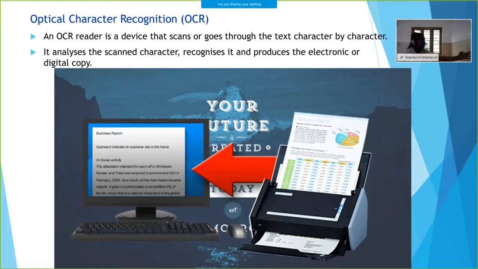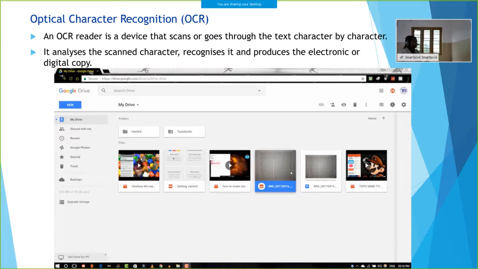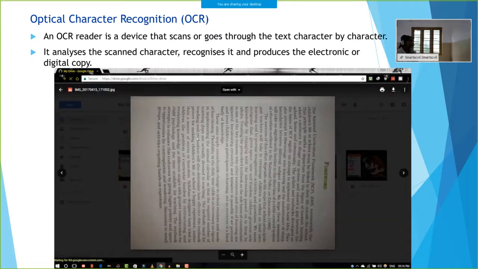Using this scanner, we can scan our hard copy. After this, we can convert the digital image of that particular hard copy's paper content to electronic content. We can copy this content to our computer. That is the use of OCR.